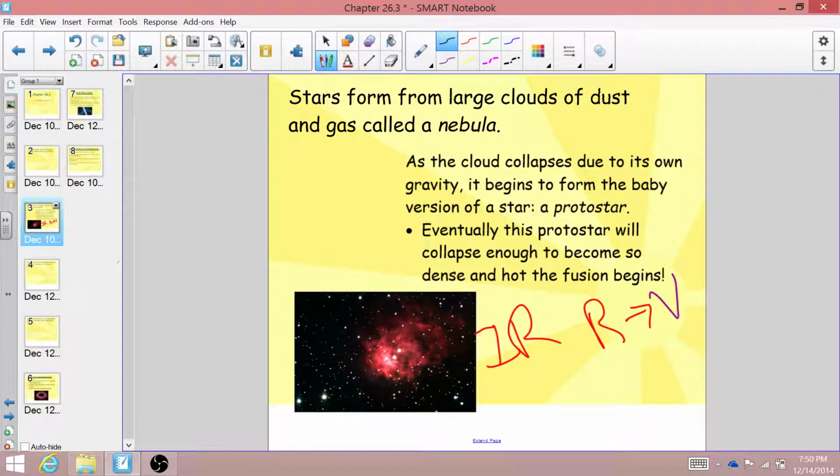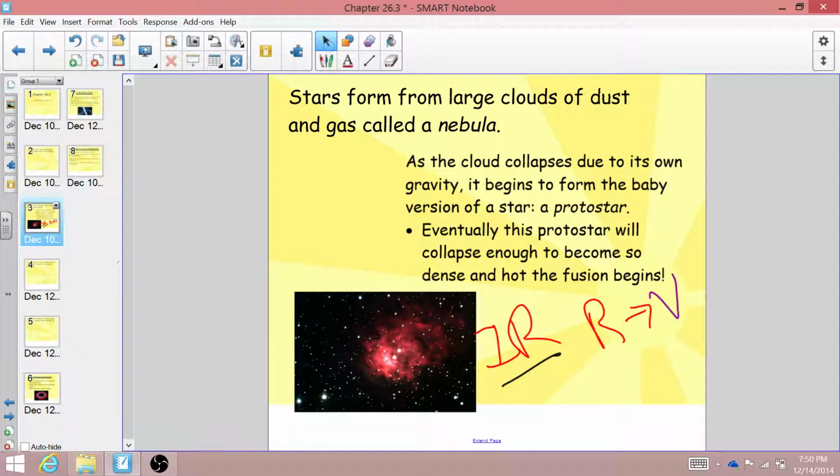So infrared is an energy of light that's lower than red. And by using an infrared telescope, we can actually see this low energy light in here. You can see these two bright little dots. Those are the beginnings of protostars. Those are clumps of dust that have come together enough that fusion has actually turned on.